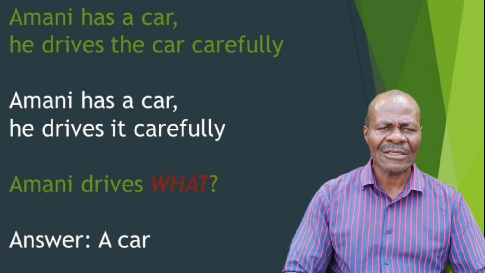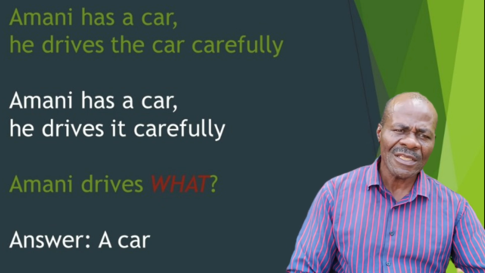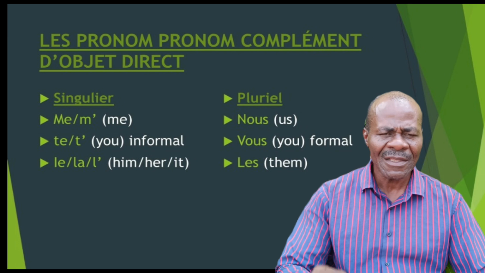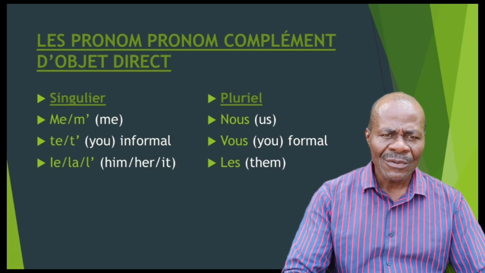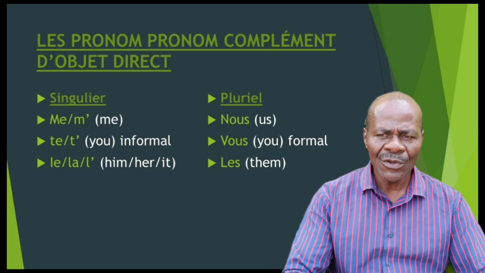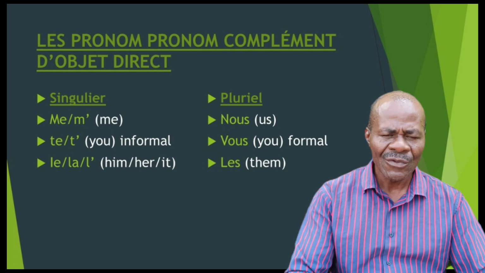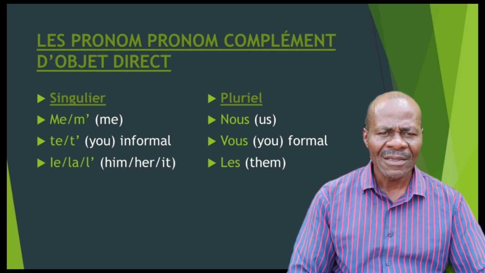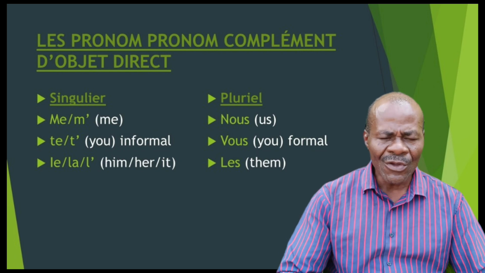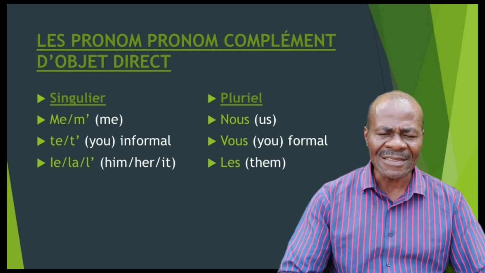The car, direct object. If you go into the list of the direct object in French, let me have them again: me, te, le, la, nous, vous, and les. So now le and la are the "it".